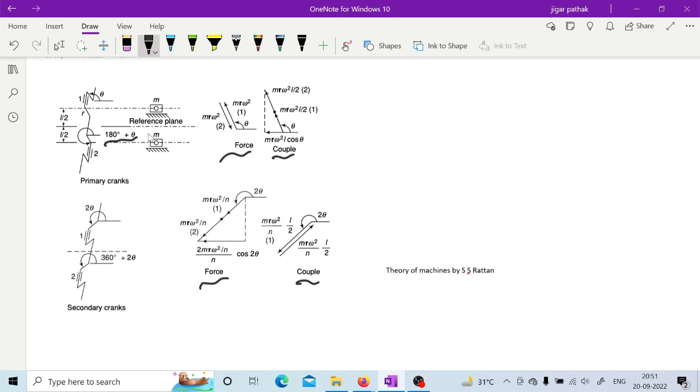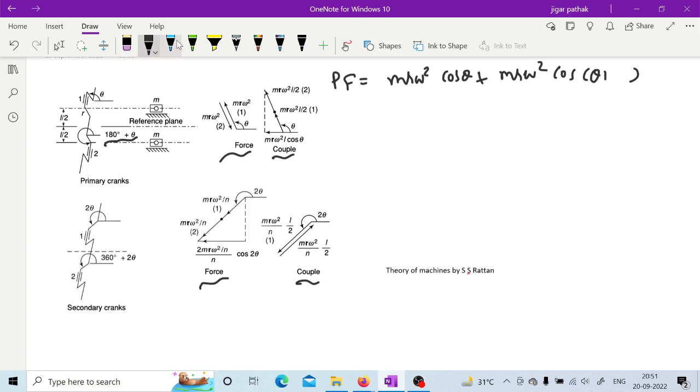For the primary force of the inline two-cylinder engine, it is M R omega square cos theta for crank 1. For crank 2, it is M R omega square cos of theta plus 180.